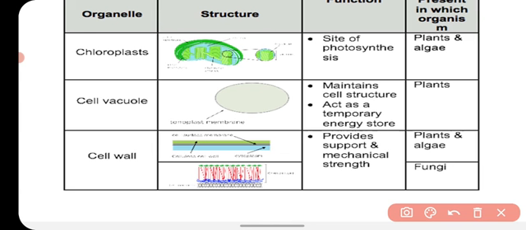Chloroplast, site of photosynthesis. They produce glucose for the plant. They are known as the kitchen of the cell. Cell vacuole maintains the cell structure and acts as a temporary energy store. They are the storeroom of the cell. Cell wall provides support and mechanical strength in the plants. So these are the functions of the cell organelles.